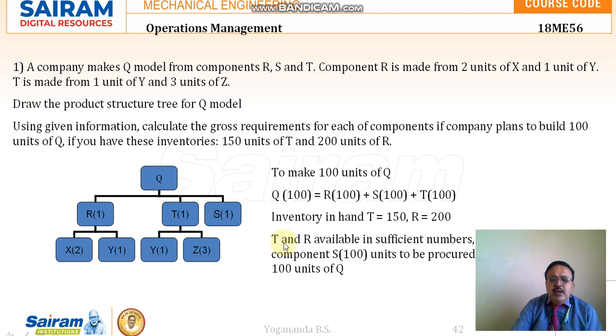So both T and R are available in sufficient numbers, and we need not manufacture T and R. But we don't have any component S in hand, and we require 100 units of S. So the component S, 100 units, is to be procured to manufacture 100 units of Q. So the net requirement of T is 0, R is 0, but S is 100 units. So we have drawn the product structure tree and found the net requirement as well as the gross requirement of components.